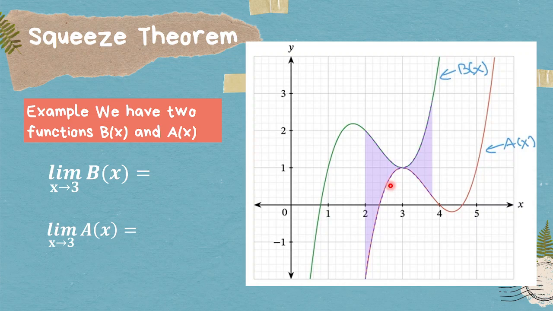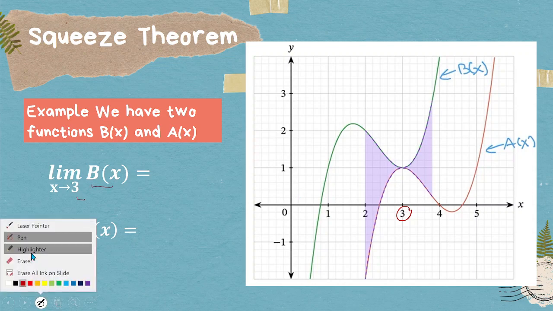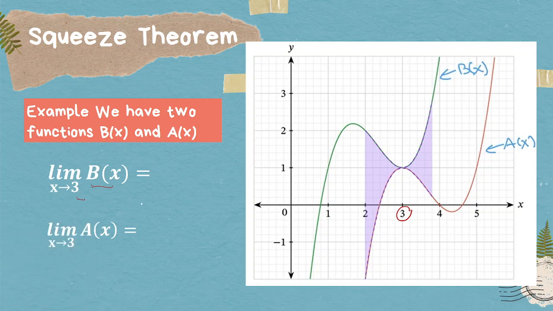So, for example, we have two functions, b of x and a of x. Now, let's determine the limit of b of x as x approaches 3. So, this is 3. As x approaches 3, what do you think is the limit of b of x? 1. Very good. How about a?